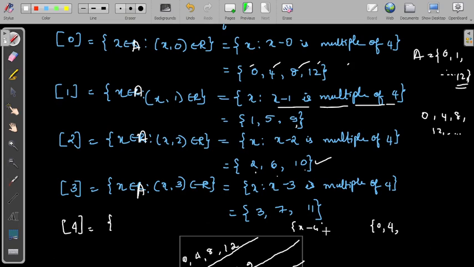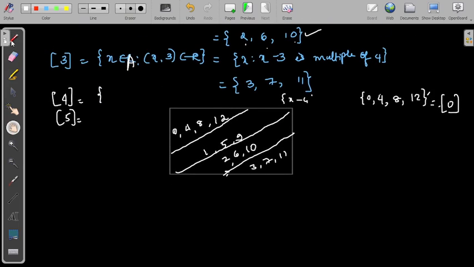Then 8 minus 4 is 4, which is a multiple of 4. Then 12 minus 4 is 8, a multiple of 4. This is the same as the equivalence class of 0. If you continue with the equivalence class of 5, that will again repeat because these are the distinct equivalence classes we got. So what is meant by equivalence classes?